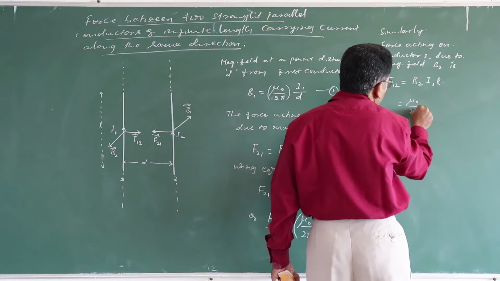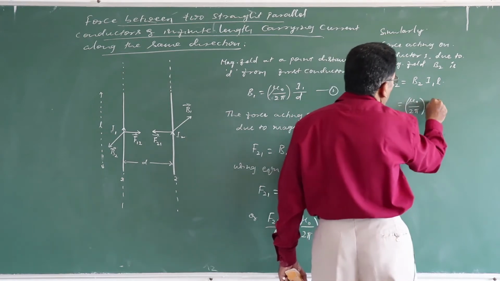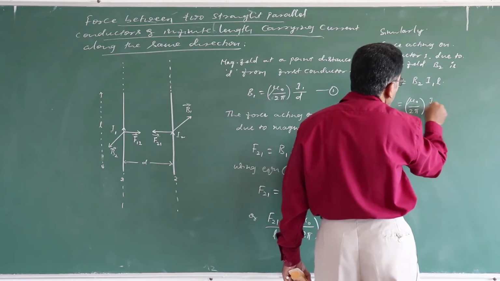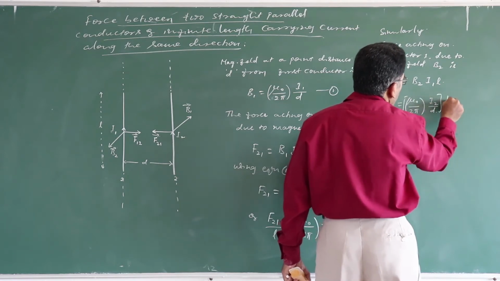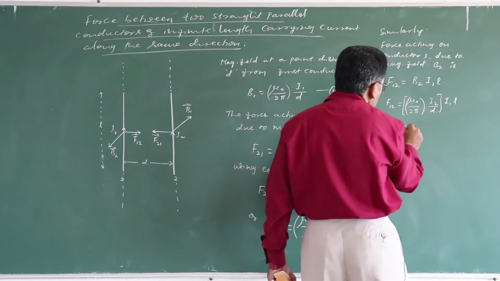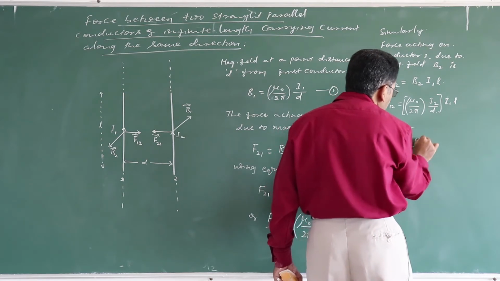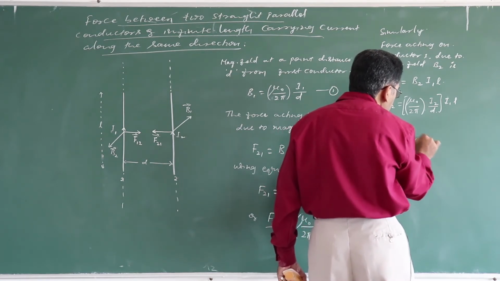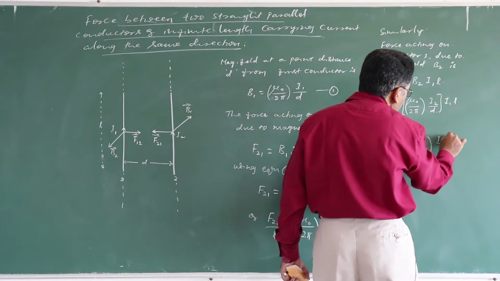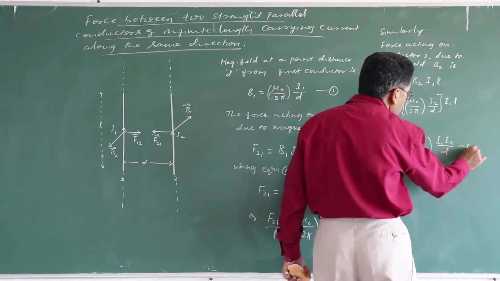Mu naught by 2 pi I2 by d, into I1 into L, or F12 by L is equal to mu naught by 2 pi I1 into I2 divided by d. This is equation 4.